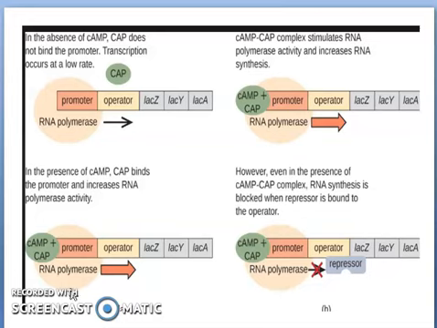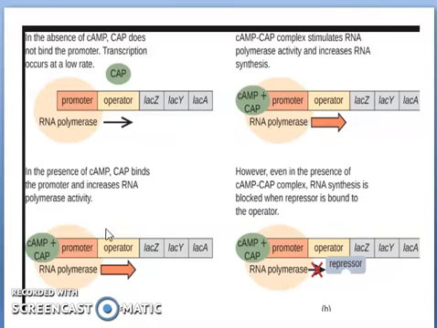Now in part C, in the presence of cAMP, CAP binds in the promoter and increases RNA polymerase activity. Here, even in the presence of the cAMP-CAP complex, RNA synthesis is blocked when the repressor is bound to the operator.